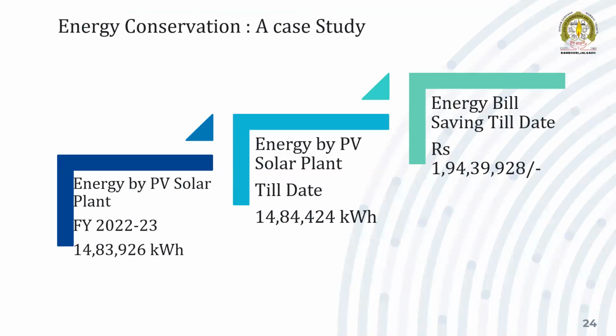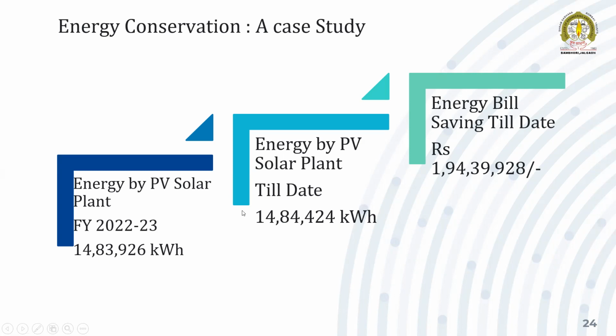Now, the energy conservation case study. Here we can see the energy from the PV solar plant in year 22-23, at the end of March, was 14,83,926. Till date, up to September or October, the total energy generated from the plant in 4.5 years is 14,84,424 kWh.